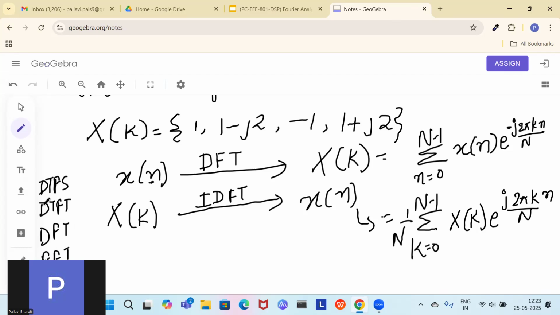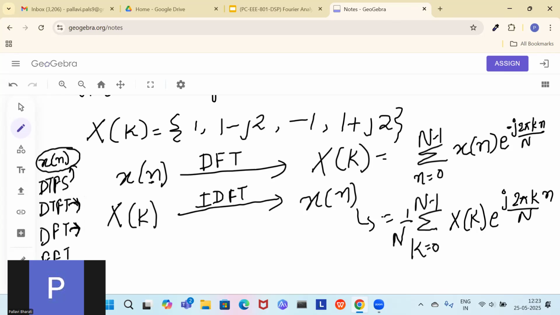In all these cases my signal x(n) is a discrete time sequence. It is not x(t), it is x(n). In DTFS it is periodic and you are taking out the harmonics. In DTFT it is non-periodic and you are taking out the Fourier transform. In DFT it is periodic and finite.